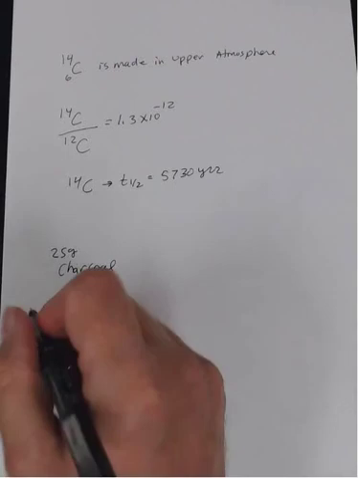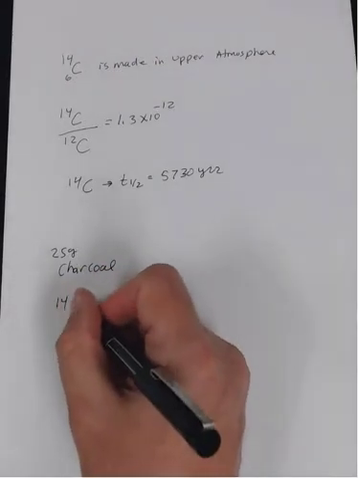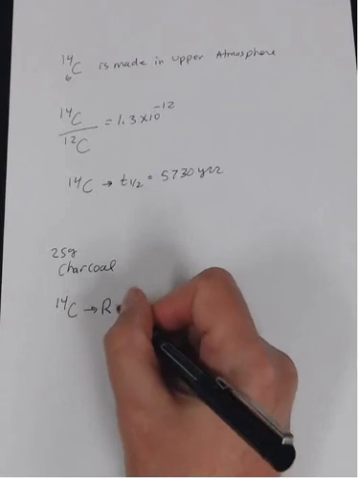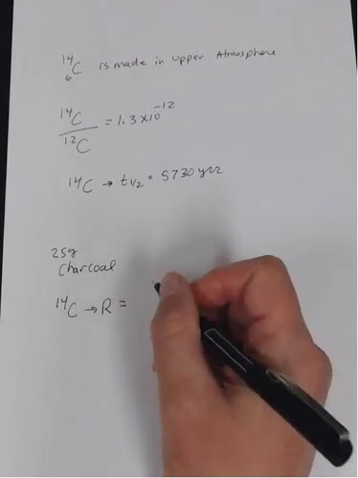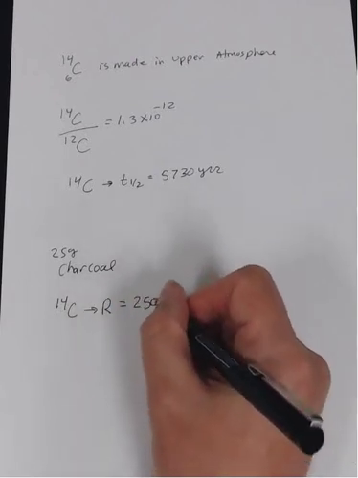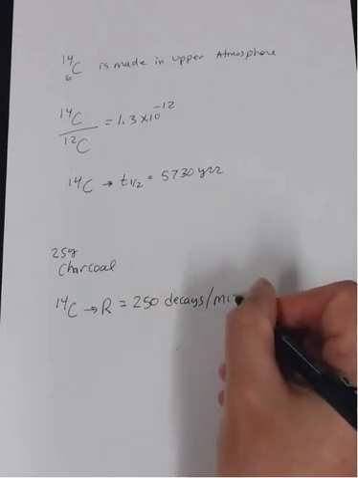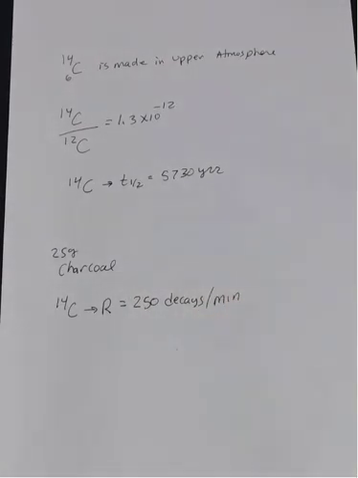And you find that the carbon-14 activity, let's say we get 250 decays a minute. I don't think that's too much. So how long has the tree been dead from which the charcoal came?